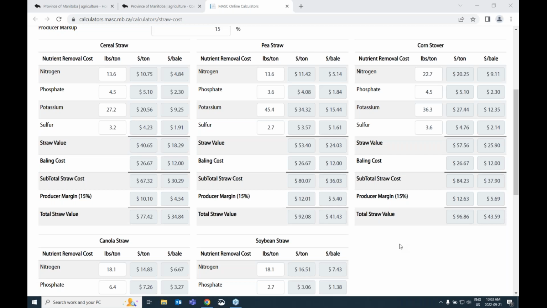I don't know that we've ever really had chloride measured when we do straw measurements, and even now we're doing some nutrient removal calculations across the prairies, and I don't think chloride is typically measured. I would need to check on that, but I don't think there's a lot of chloride removal.